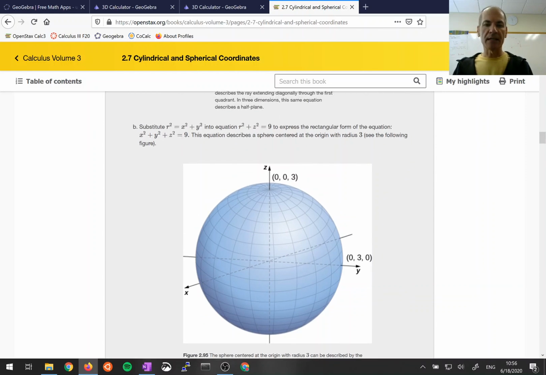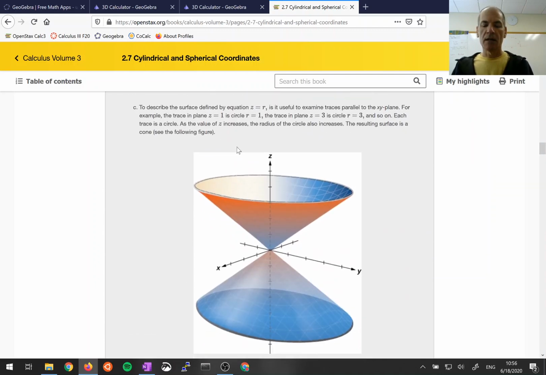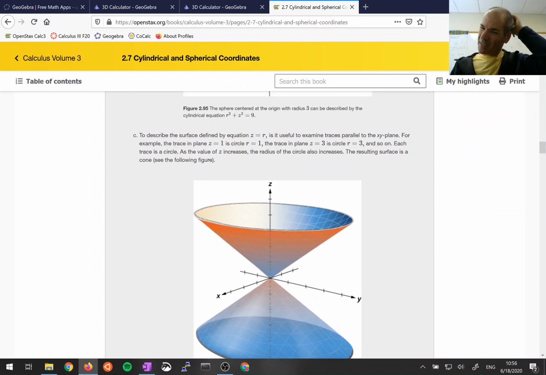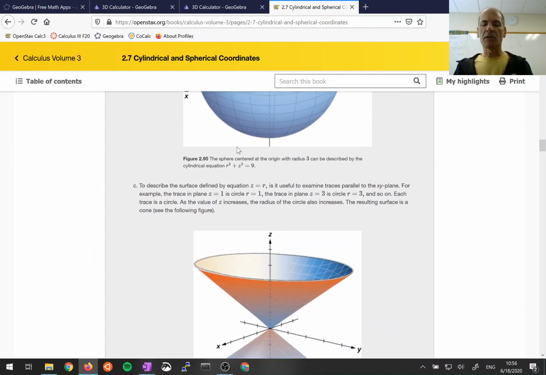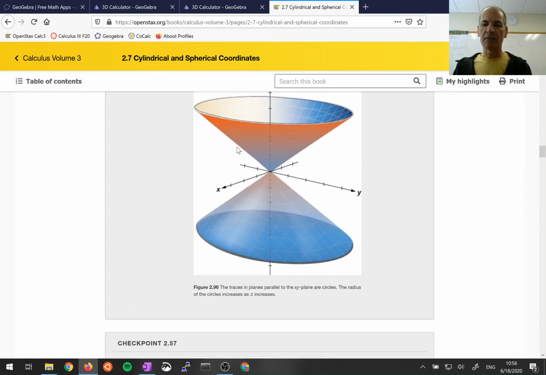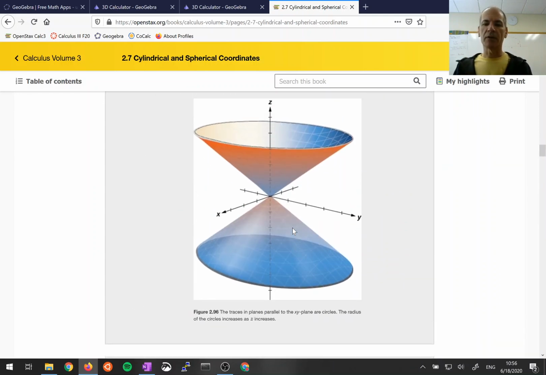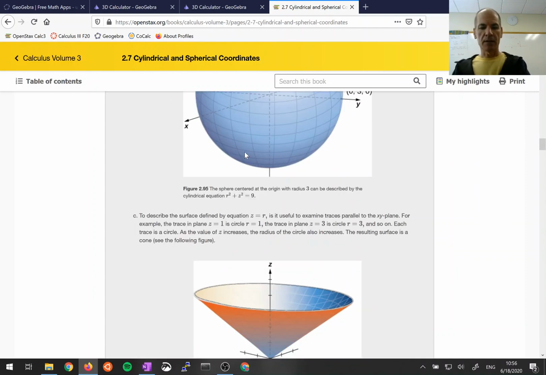Notice they use that identity, r squared equals x squared plus y squared, to get the equation of the sphere. And finally, here's the cone. Again, some texts restrict r to always be positive, and that adds a little bit of nuance, but this text allows r to be both positive and negative. So we get the upper and lower part of this cone, and we get the front and the back part of this plane. All right, let's continue.